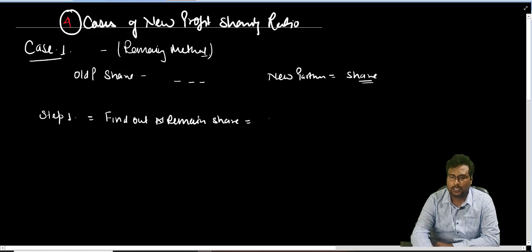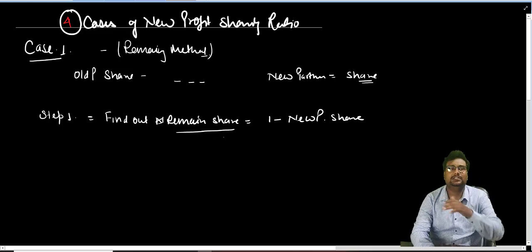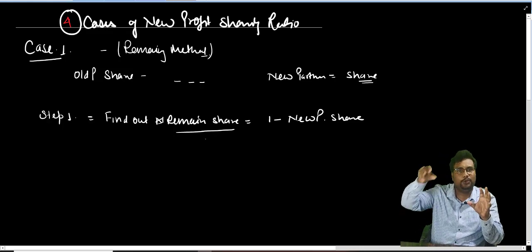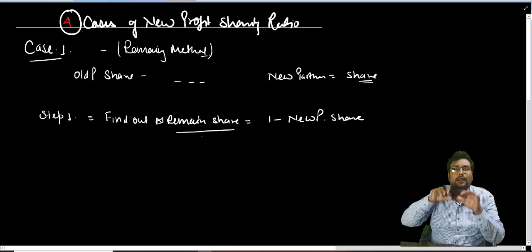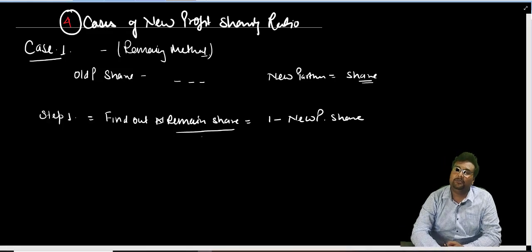Very simple, 1 minus new partner share. Okay, so how can we find out the remaining share? 1 minus, why take 1? We consider the whole share. So from that whole share, if we deduct the new partner share which is coming, the remaining will be considered as the remaining share.